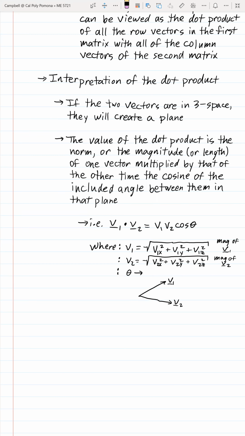So in other words, if you're familiar with drafting, it would be the acute true angle between those two vectors. But here, I'll just mention that this is in the plane of the vectors.